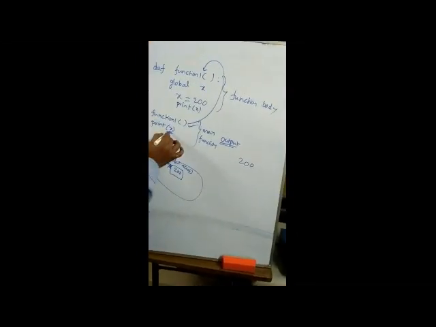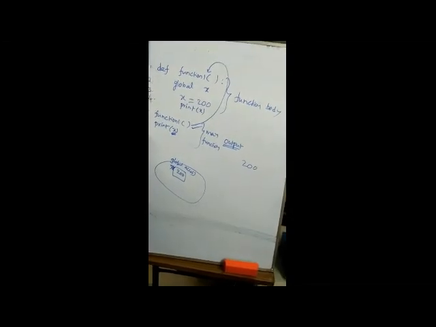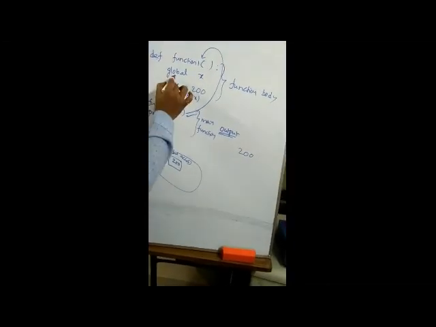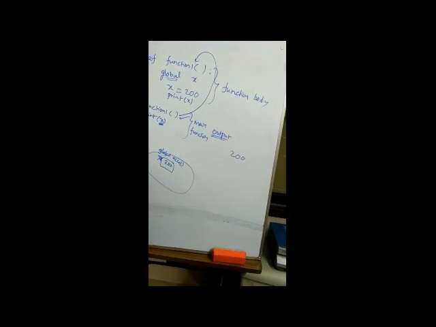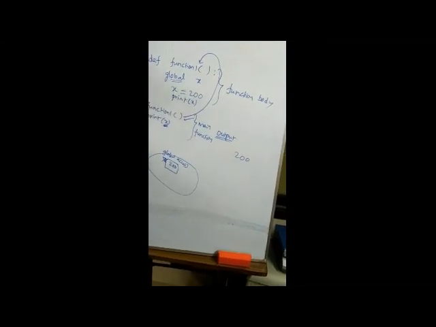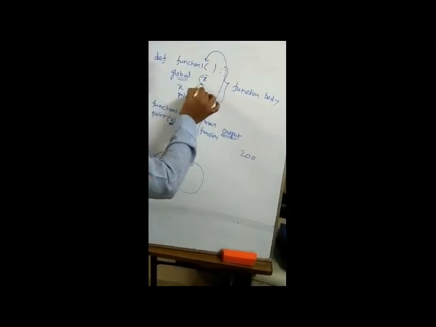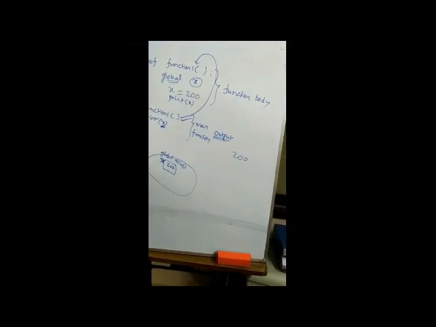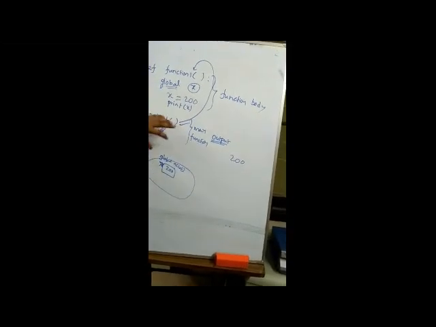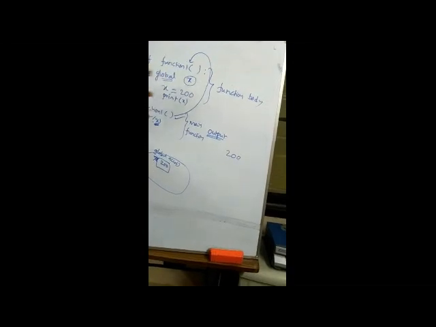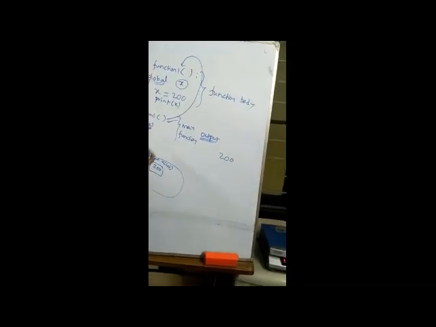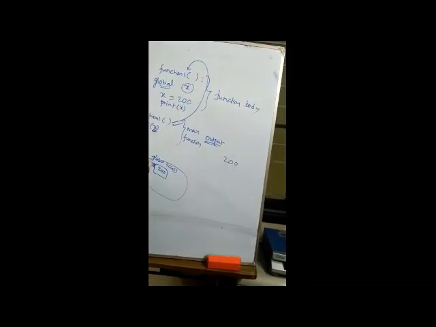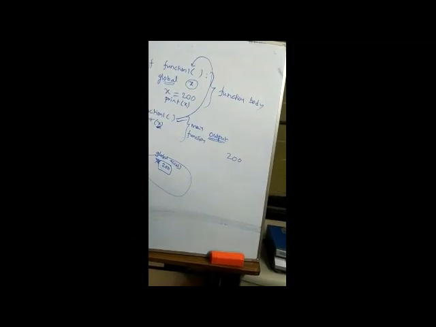Why does it refer to x of the global variable? See here, this global keyword means it is not a local variable. It acts as a global variable within the function and outside the function. That's why here x acts as this global variable x value.